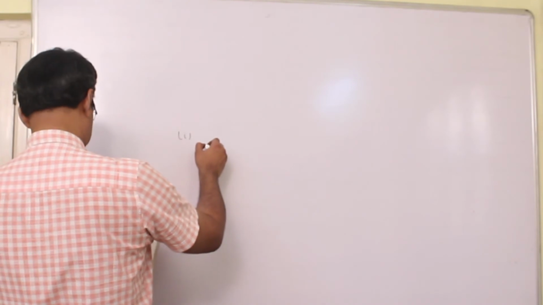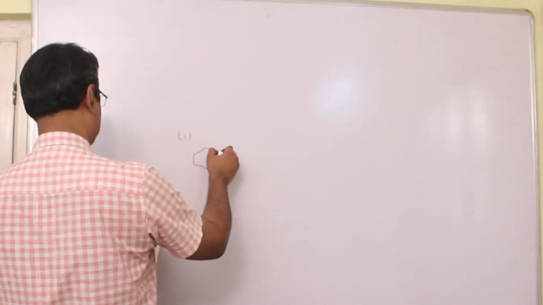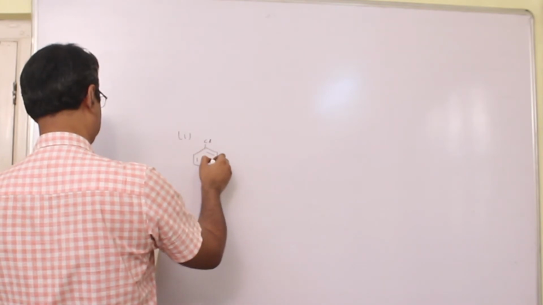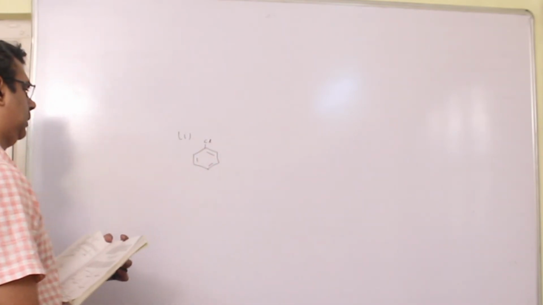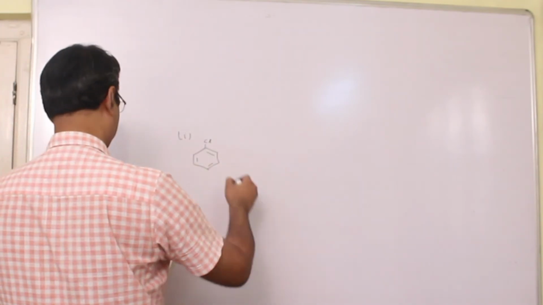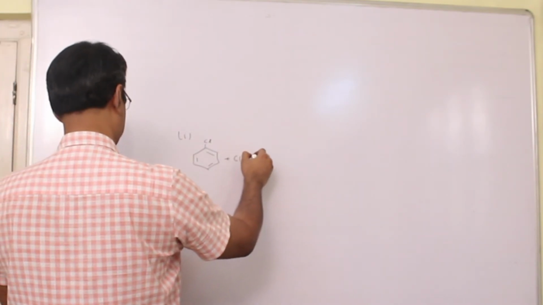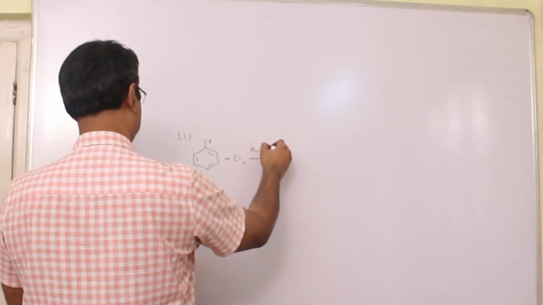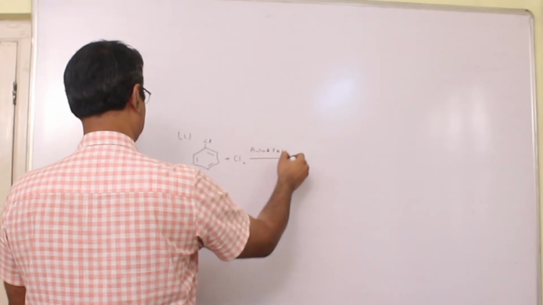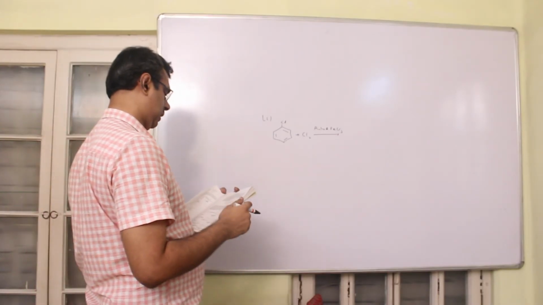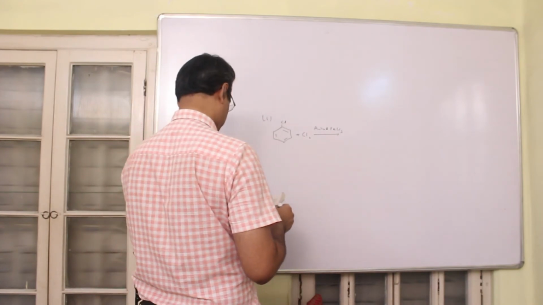Now the problem is, although the halogen group is ortho-para-directing, due to minus I effect, it also has a tendency to withdraw electrons. So as a result of that, electrophilic substitution reactions of haloarenes take place only under certain conditions.